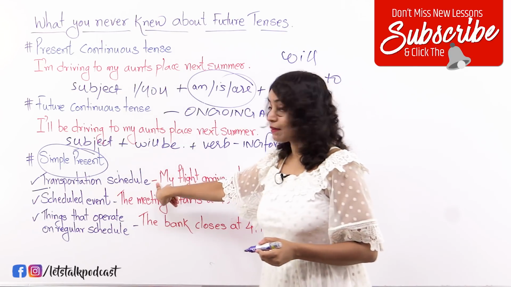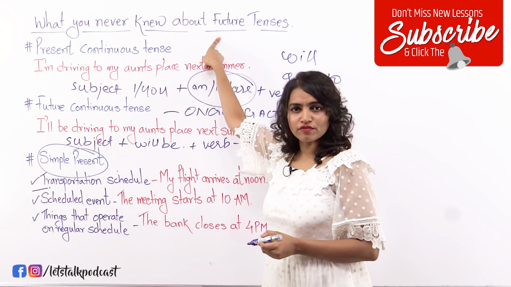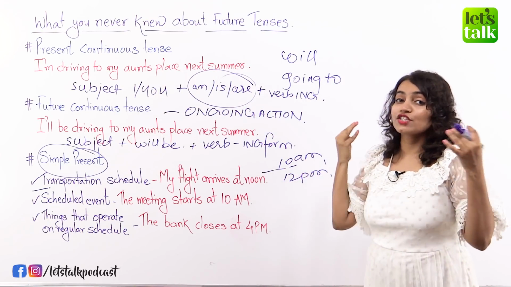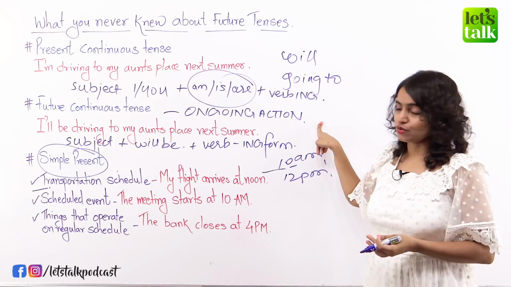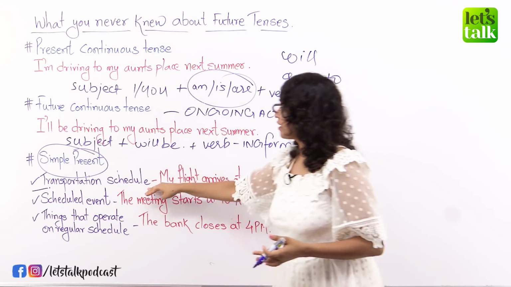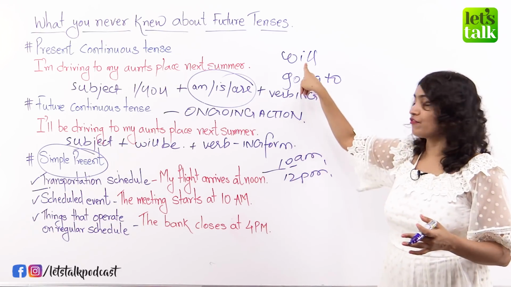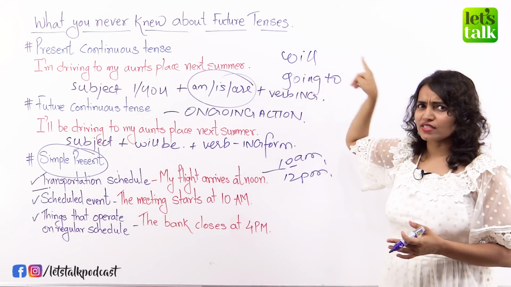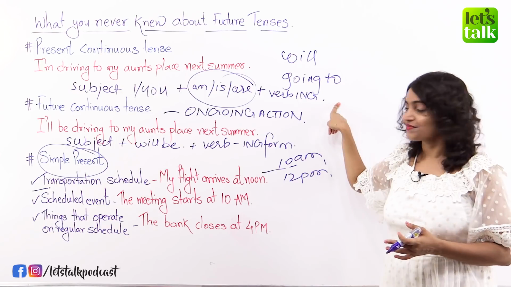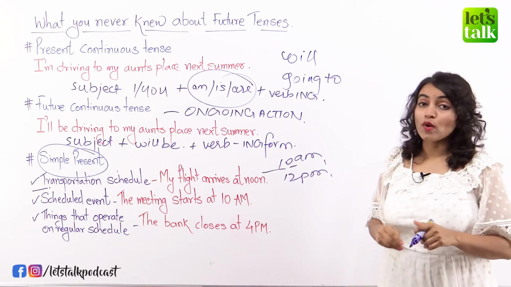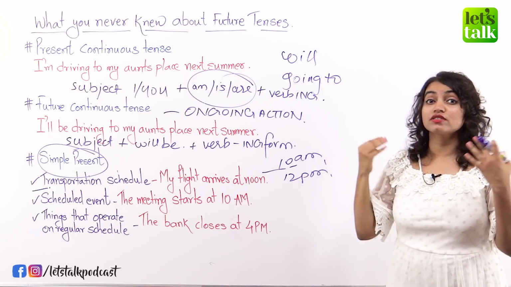So I'm talking about a future event. But I don't need to use the will or the going to. I can simply say my flight arrives at noon. I don't have to say my flight will arrive. My flight is going to arrive. My flight arrives at noon is good enough. That is when you're talking about a transportation schedule.